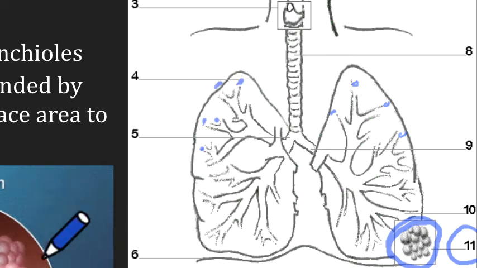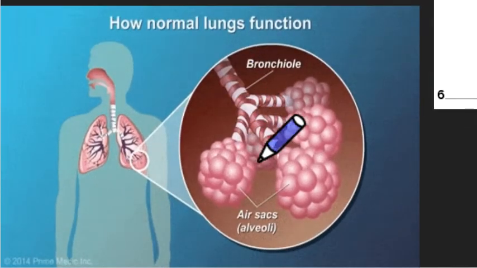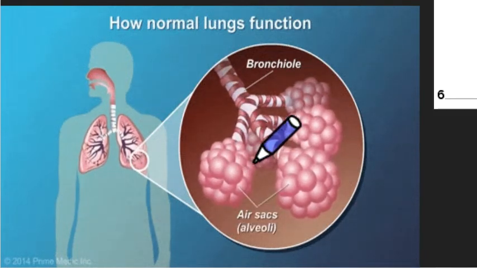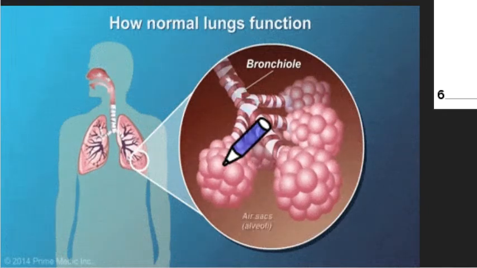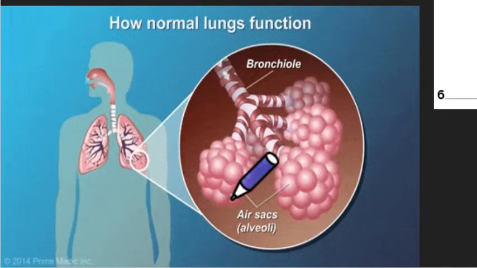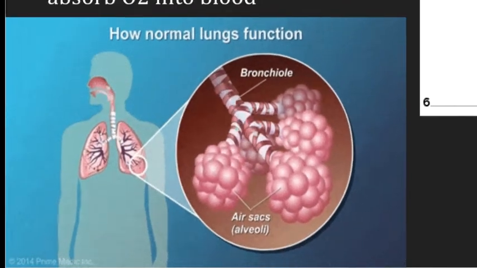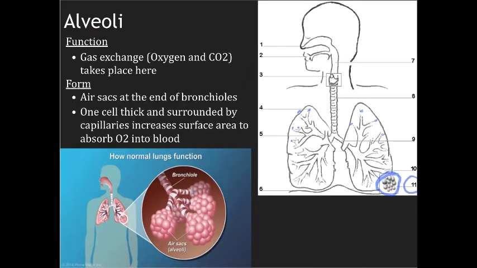Basically, the air sac allows for gas exchange. They're spongy tissue. They can expand, and they're wrapped in capillaries, blood vessels. So at this point we can send oxygen into the bloodstream and send out carbon dioxide as a result of aerobic respiration, and get rid of that and allow our cells to make the ATP that we need.